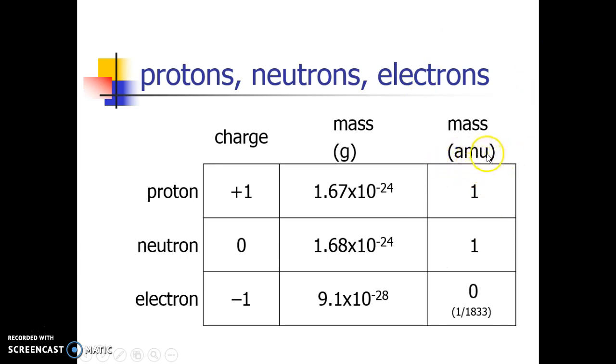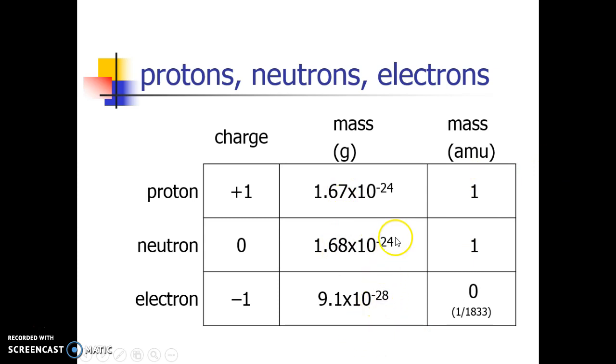Atomic mass units. Instead of us having to remember a huge, or I should say a really small number, like 1.67 times 10 to the -24, scientists created a new mass unit, the atomic mass unit. So for protons and neutrons, they are essentially the same thing. So we give them an AMU of 1.